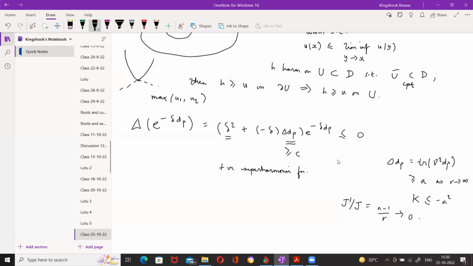This term is constant, so the Laplacian will become positive for large r. Whereas in negative curvature, this is bounded below by a fixed constant, and so this term will dominate, and this Laplacian will be negative.